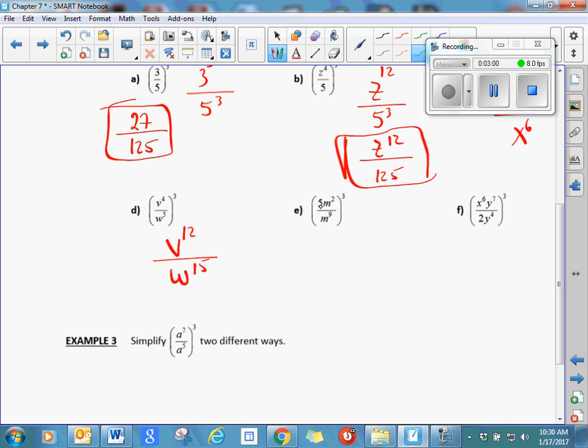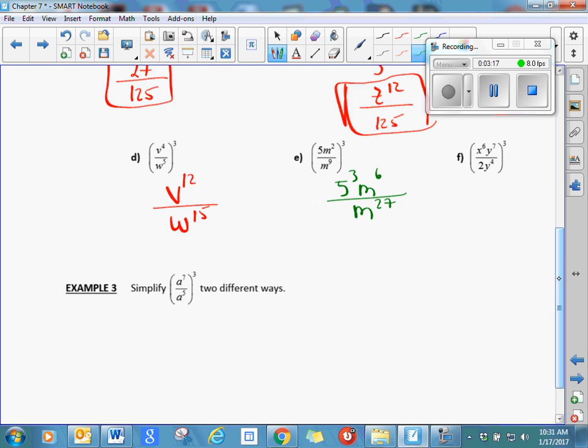Okay, it gets a little bit more steps. In E, we have to cube the 5. So this is 5 cubed m to the 6th, all over m to the 9 times 3, which is 27. And we are not done because there's a whole lot we can clean up here. First of all, 5 cubed, you need to go ahead and multiply that out to 125.